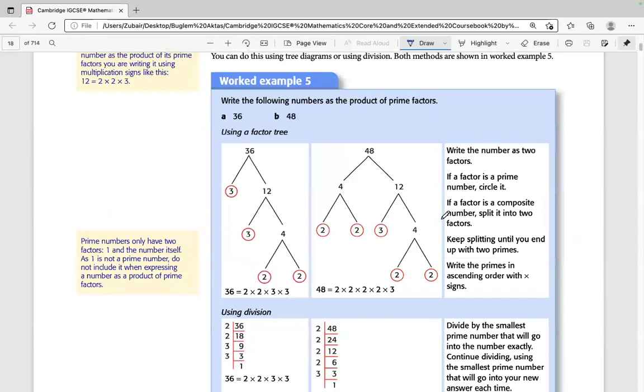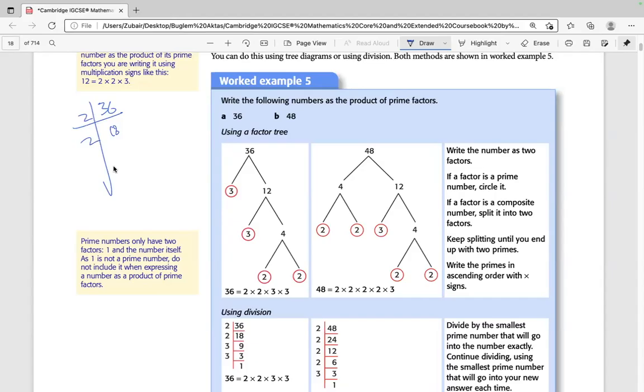These are just the methods. If you can see the screen, finding the LCM of 36, either we write it this way, 36 by 2 is 18, by 2 is 9, that is 3, and 3 again.